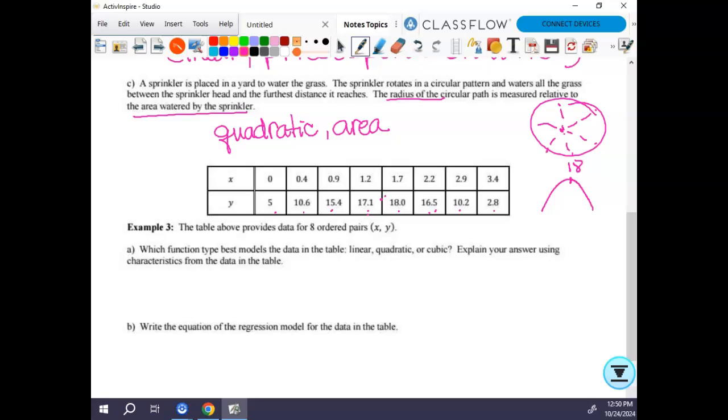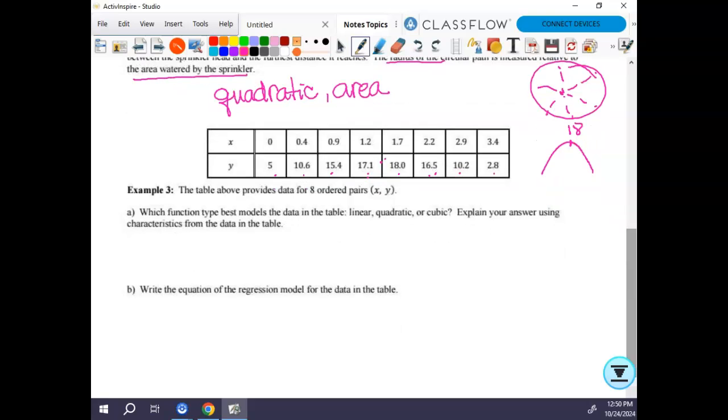And it says to explain your answer using the characteristics in the data. So we would say quadratic, not because we just typed it into Desmos, but quadratic because the y values increase and then decrease.